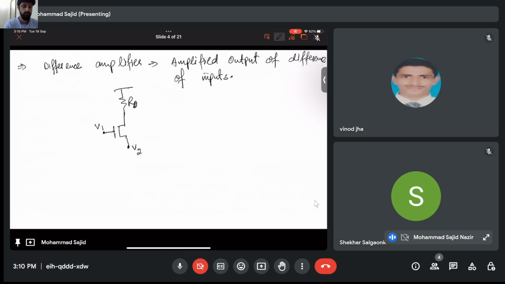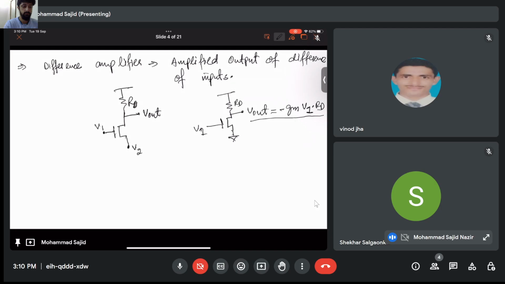Can you tell me what Vout is? Usually you must have seen cases like this, where this is V1 and this is grounded. Simply, Vout is minus gm times V1, or rather, gm multiplied by RD. So this is what your answer will be.